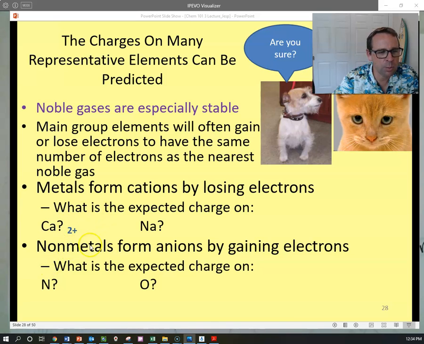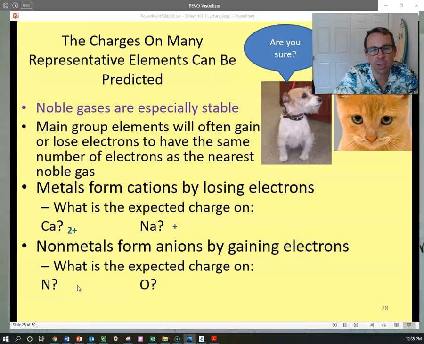So calcium wants to form a +2 charge because it's 2 elements away from a noble gas. Sodium wants to form a +1 charge. Nitrogen, do you remember? Can you look at the periodic table and tell me what kind of charge nitrogen would like to form? It wants to gain 3 electrons to be like neon.